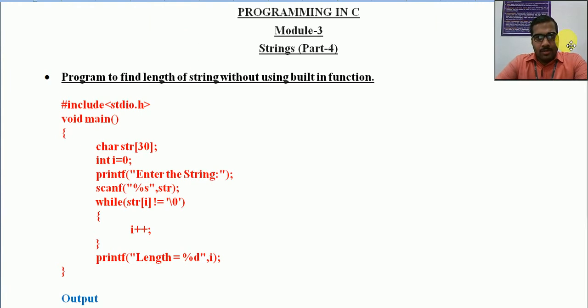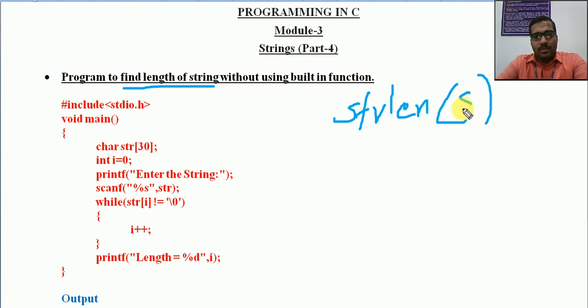So the first program we are going to see is to find the length of a string without using any built-in function. Already we know that we have a built-in function called strlen, which is used for finding the length of a particular string, and it automatically returns the exact length of the string excluding the last \0 special character.